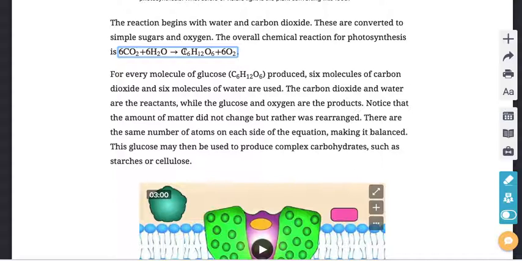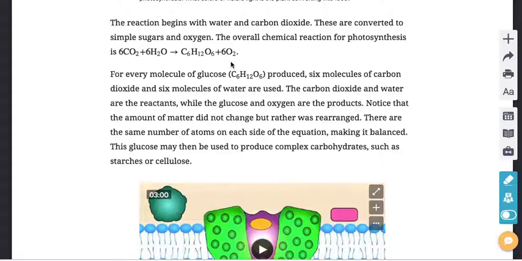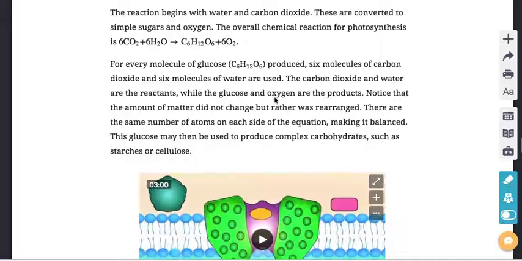So you can just take it at face value. C6 means there are 6 carbons. How many hydrogens here? 12. And how many oxygens here? 6 oxygens. But then here, I apologize, my oxygen on the end also has a 6 times 2, so it has 12 oxygens at the end.